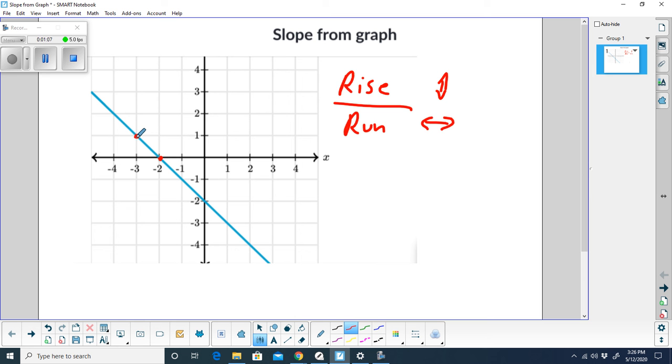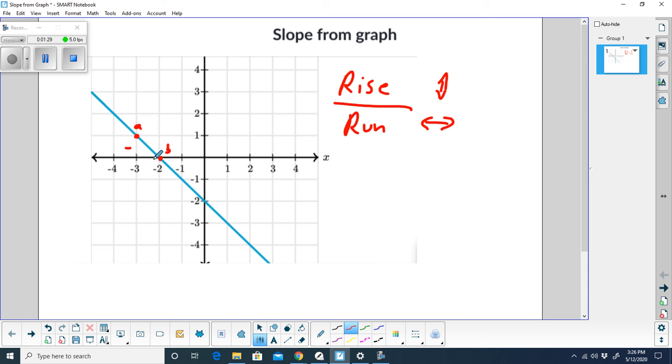If I start at this point, we'll call this point A, to point B, all right? So the rise is down 1, so down is negative, so this is a negative number. And then once I get down 1, I have to go to the right.